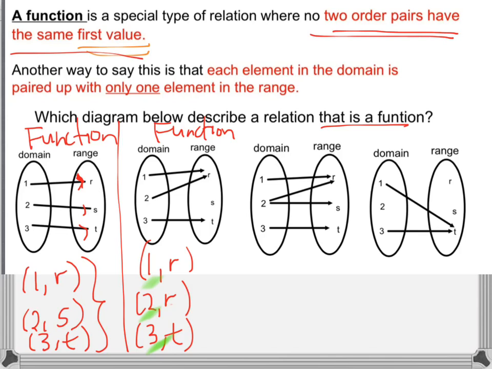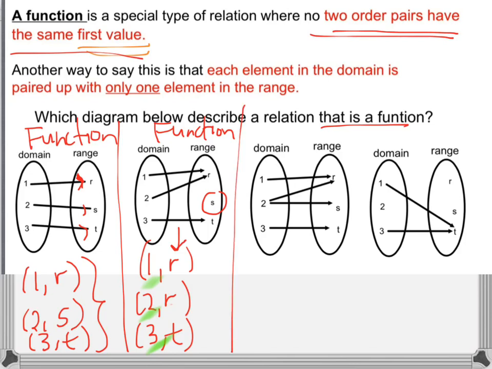Notice it's okay if not every element in the range is part of the relation. In this case, S was not part of the relation, but that's still okay, as long as the first coordinate is not identical in any of the ordered pairs.